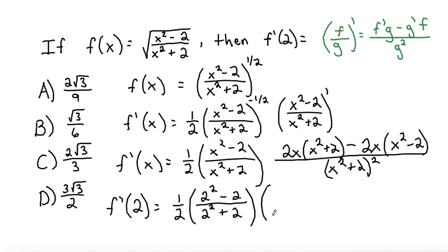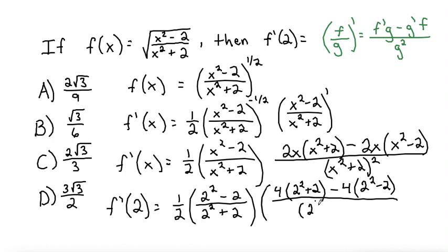times 2 times 2 was 4, times (2 squared plus 2), minus 2 times 2 is 4, times (2 squared minus 2), all over (2 squared plus 2) squared.